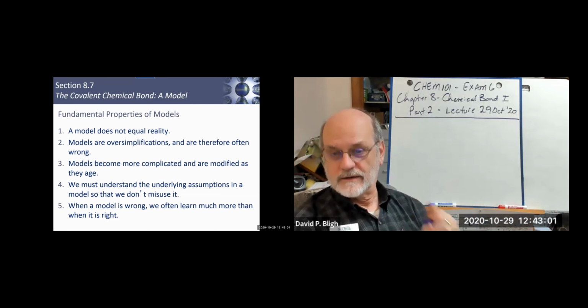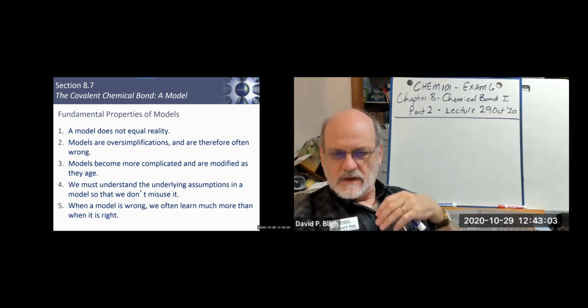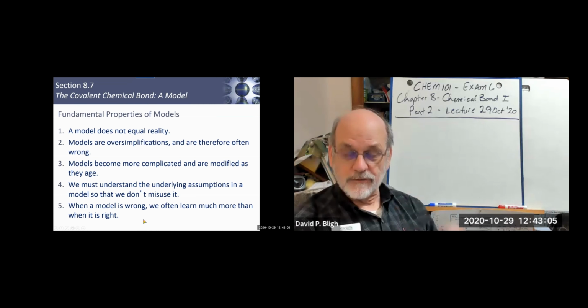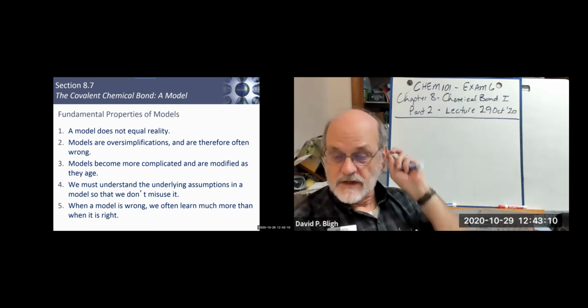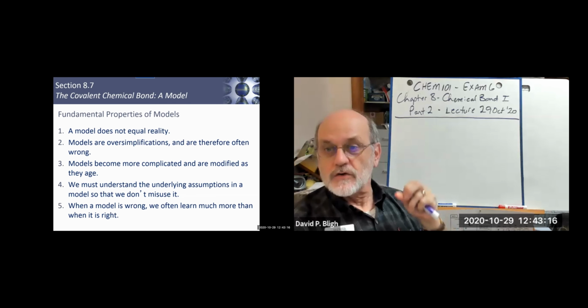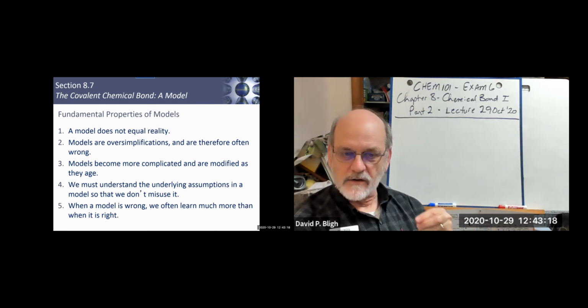I only needed one. So models can also inform us about the real world, even if they're wrong. They just tell us things that don't work, that our assumptions may be wrong, or that conclusions may be wrong. So the models are useful even if they're wrong.